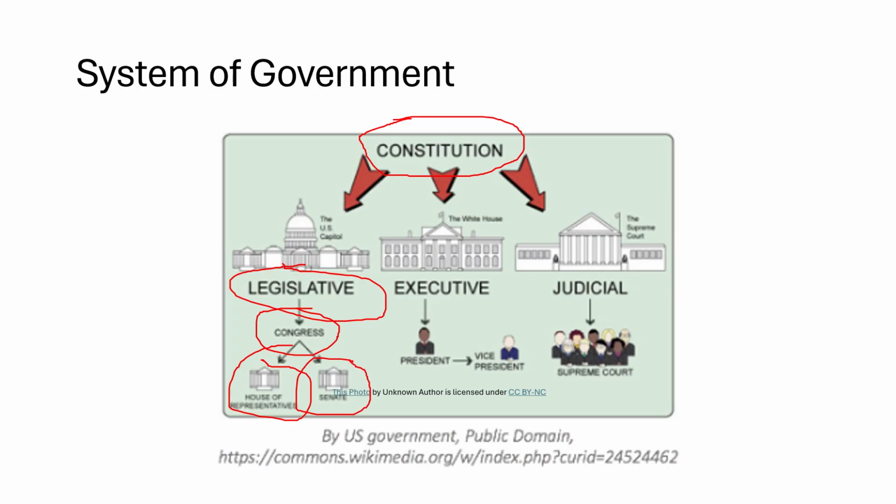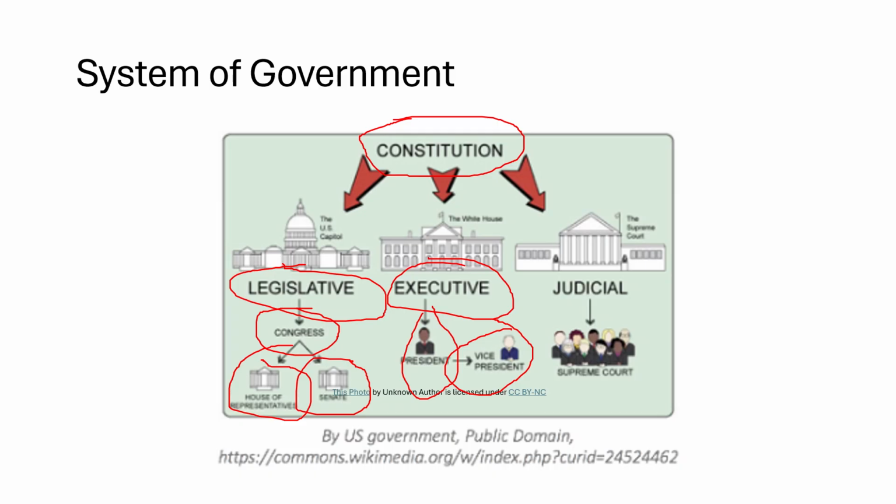Another branch of the government is the executive branch. It's made up primarily of the president, the vice president, and the other cabinet members, those who advise the president and lead the various executive offices. The executive branch executes or enforces the law.